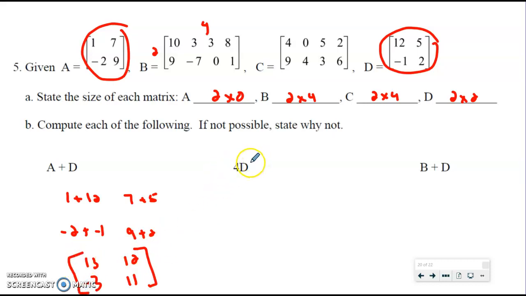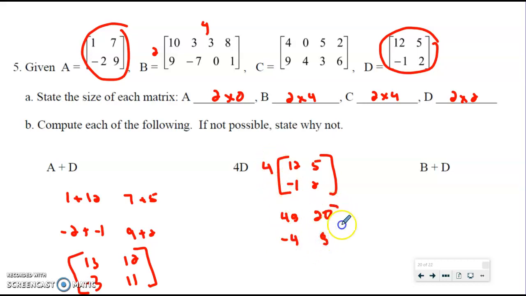Well, now for D, what I'm doing is I'm taking 4 times matrix D. So it's 12, 5, -1, and 2. So I get 48, 20, -4, and 8. Okay. That would be what 4D is.